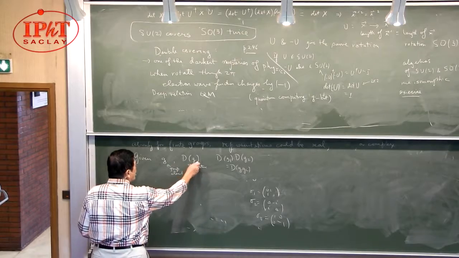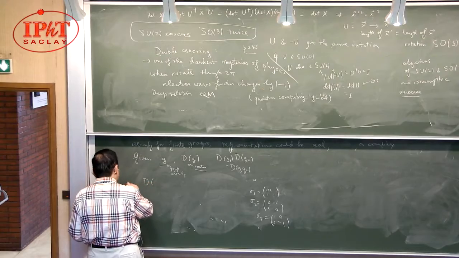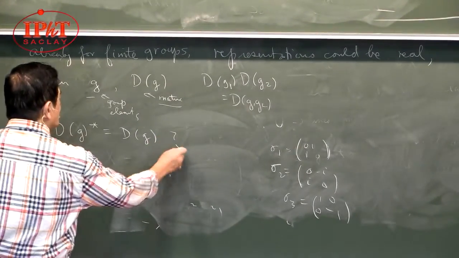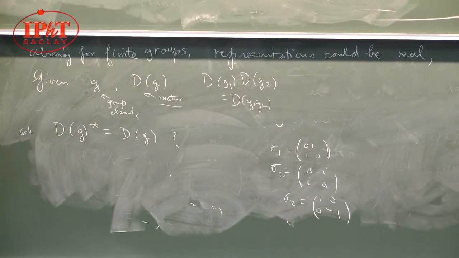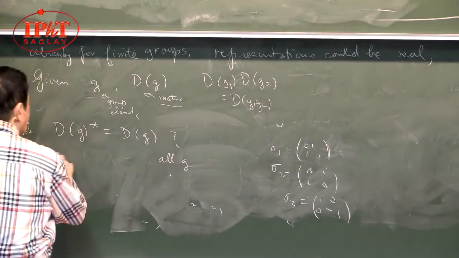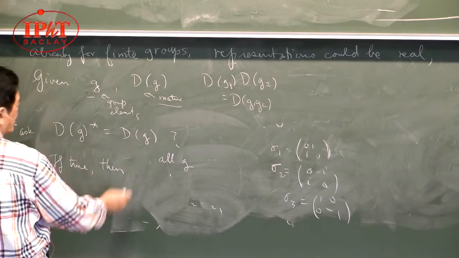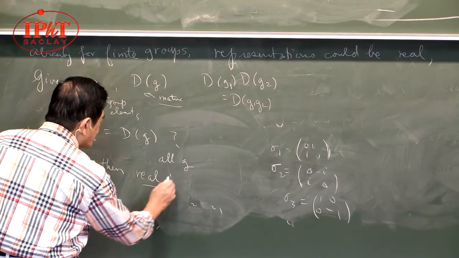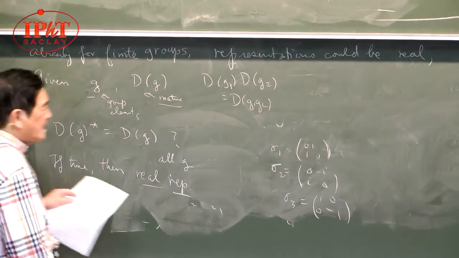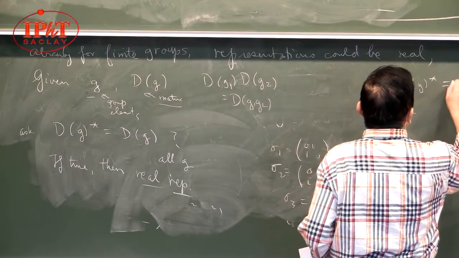So if I give you a set of matrices that represent a group, you can always ask this question: is the complex conjugate D(g) star equal to D(g), for all g? If true, then that means the matrices are real, and the representation is called a real representation. Okay, but suppose D(g) star is not equal to D(g).